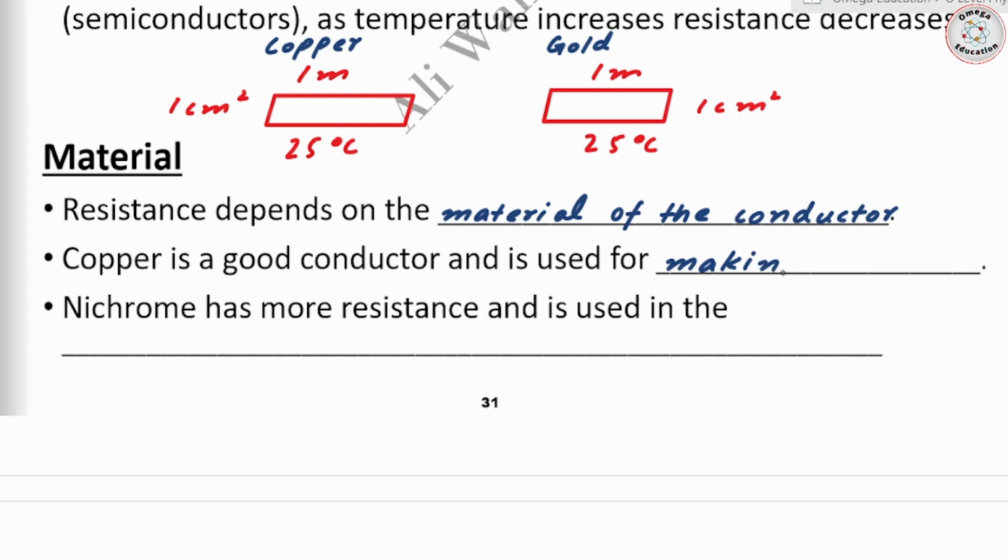Sometimes we need some of the instruments in which we have to use substances with high resistance, and sometimes for some of the objects we need materials with low resistance. If we have to make wires, we generally make them of copper, which has comparatively less resistance. It's not lesser than gold, but gold would be too expensive. We have to keep a check on the price, we have to keep a check on the cost as well.